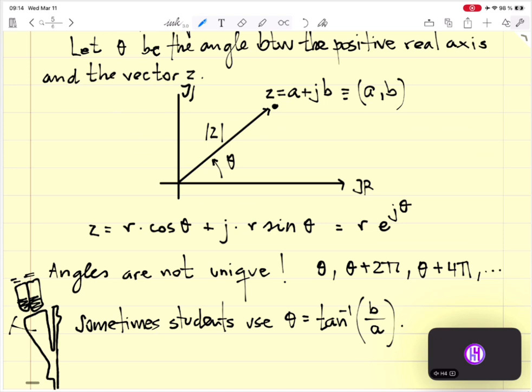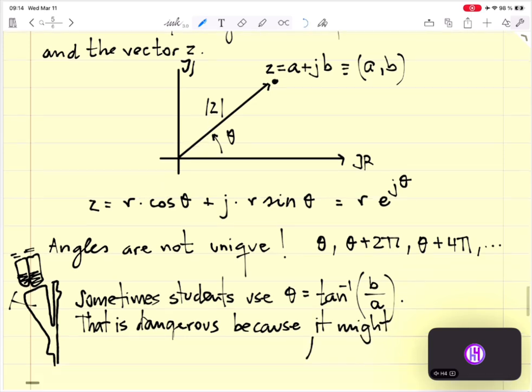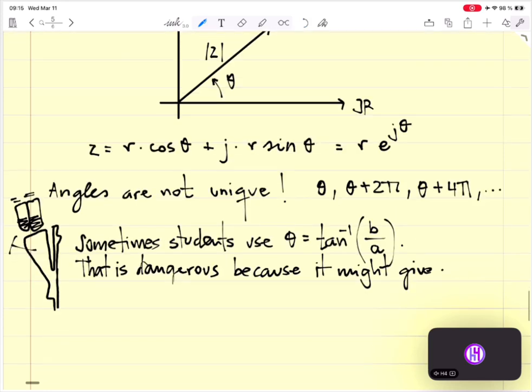That is dangerous, because it might give you the wrong quadrant.